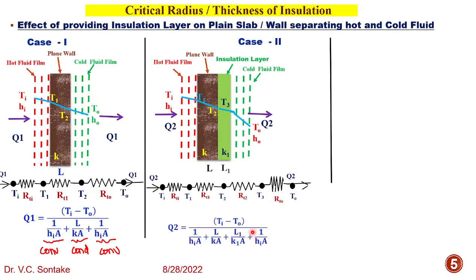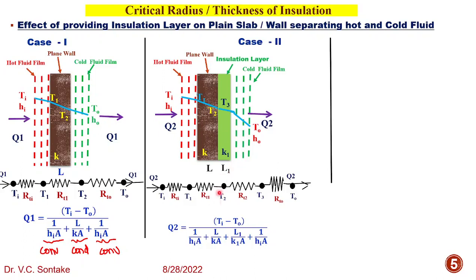The rate of heat transfer Q2 in terms of temperature difference Ti and To can be given as Ti minus To over 1 over hiA plus L by KA plus L1 over K1A plus 1 over hoA.